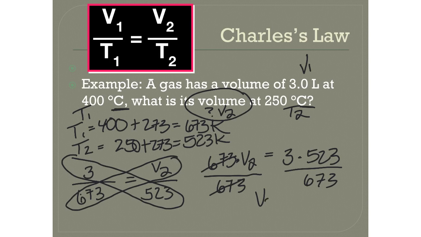I'm left with V2, and if I go ahead and plug and chug and do the math, I'm going to end up with 2.33 liters. And I labeled it liters because it's volume. The initial one gave it to me in liters, which means when I plug and chug it out, it's going to end up in liters.